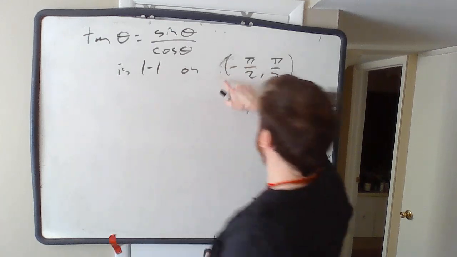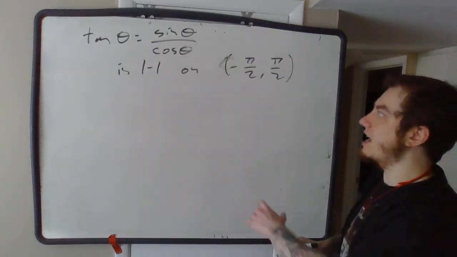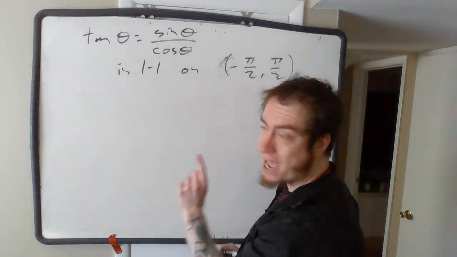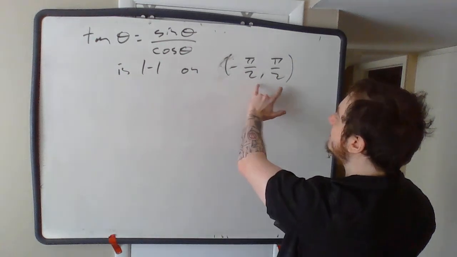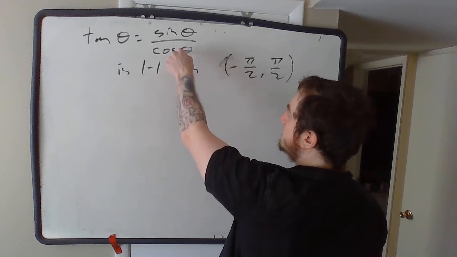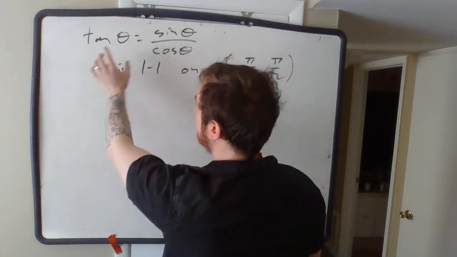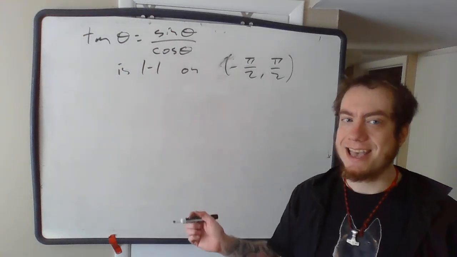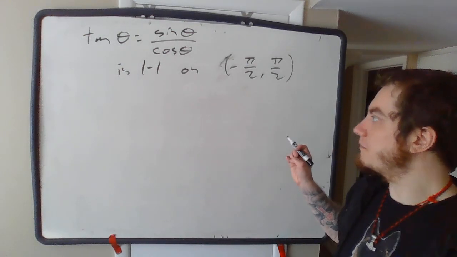And this time notice that I want to use the open parentheses. I don't want to include these end angles. The reason for that is at these endpoints, the denominator here would be 0, and so this whole thing would be completely undefined. So I can't include the endpoints here.